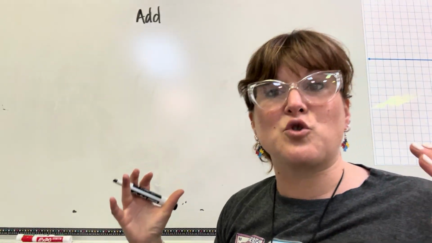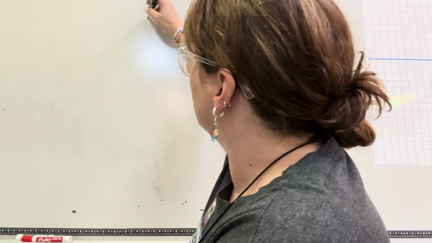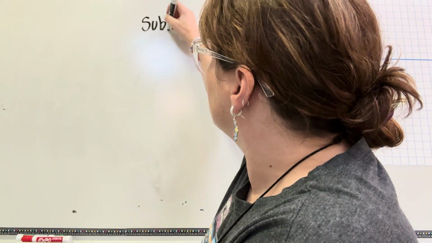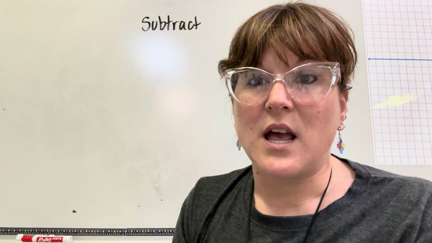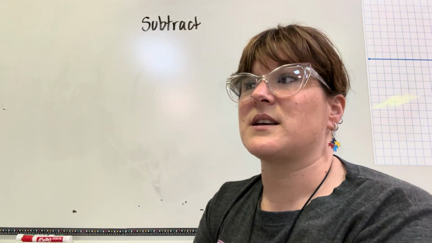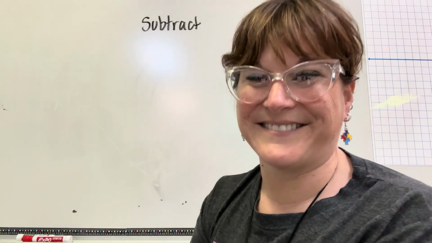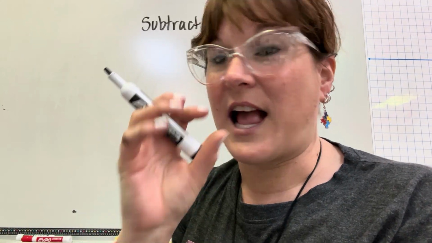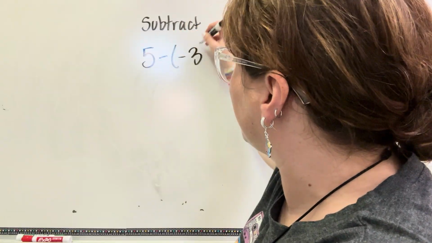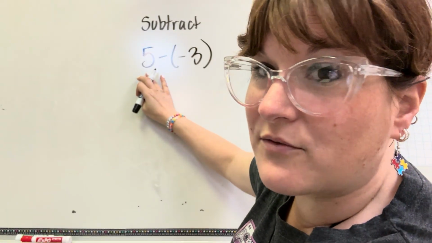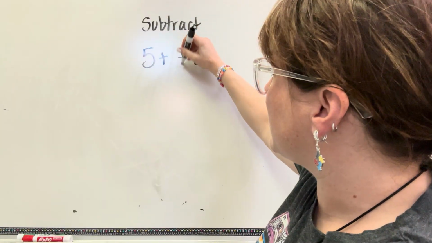Now, if you're subtracting integers, we do this thing where, let's take 5 minus 3. You keep 5, you change this, and you change this.